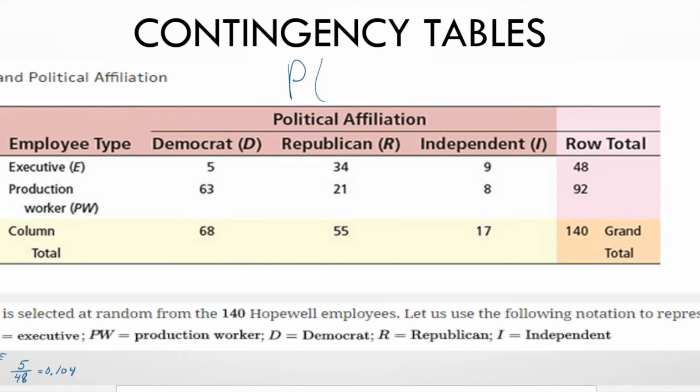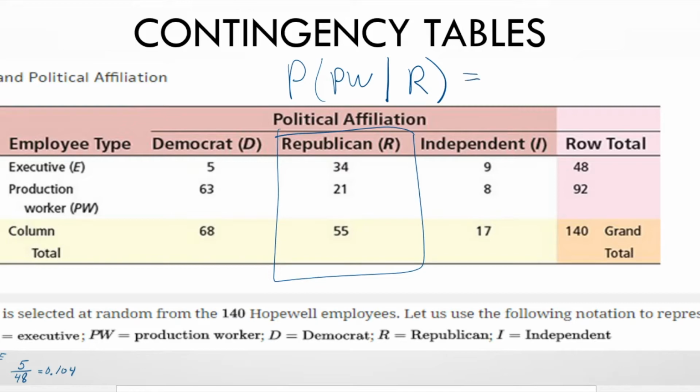So let's do the probability of production worker given Republican. So the given is what you can highlight first. Basically, you could say you know you're in that row or you're in that column because it's a given. So what this is saying is what's the probability that they're a production worker given they are Republican. So given Republican means I'm looking here, because that's where the Republican column is. So I know I'm in there.